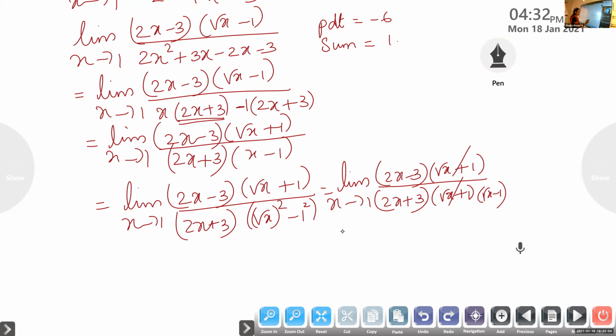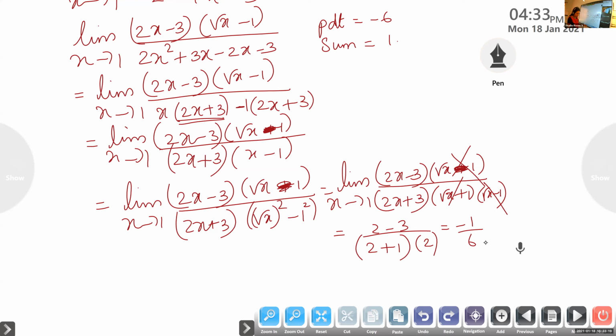So now when you substitute x is 1, you'll get 2 minus 3 by 2 plus 3 into. Sorry children, look at here numerator it is minus 1. Not plus. You'll get root x plus 1, so 1 plus 1 which is 2. So you'll get minus 1 by 6.